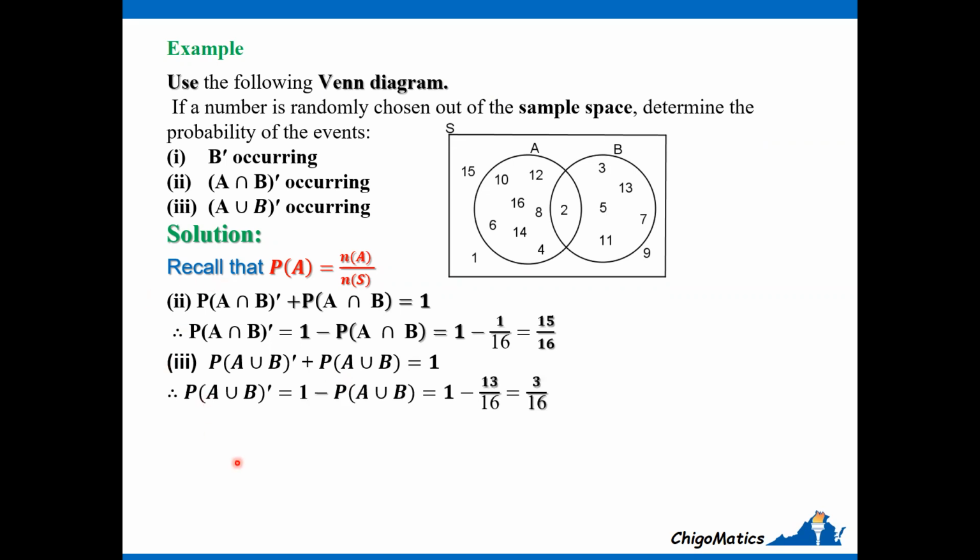So in the last thing, we are counting on this, then we move this to the other side, then it subtracts one, then we check what is in the union A, union B, you count all this, you find that they are 13. That is 1, 2, 3, 4, 5, 6, 7, 8, 9, 10, 11, 12, 13. So it's 13 over 16, which is 3 over 16.